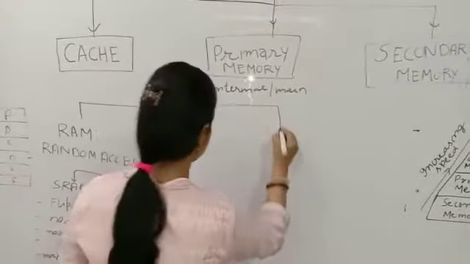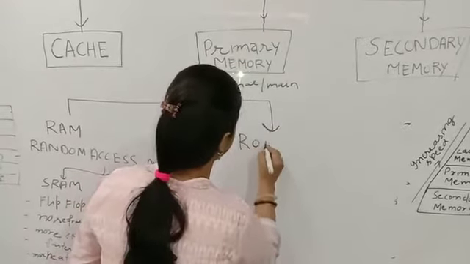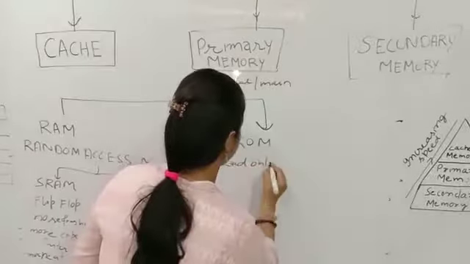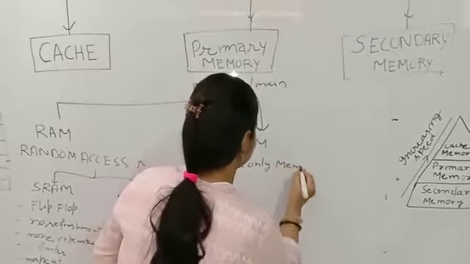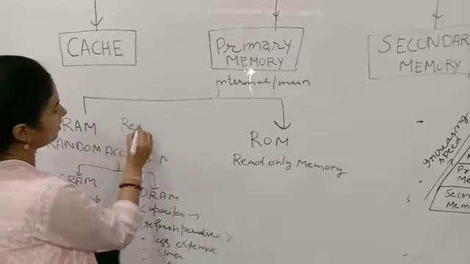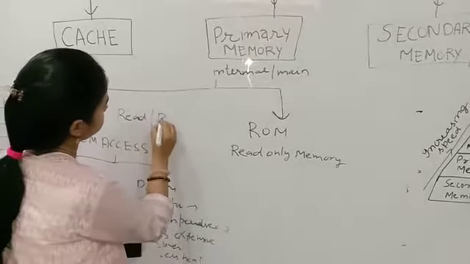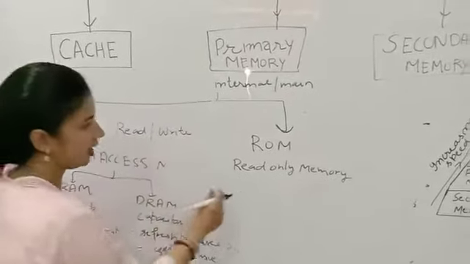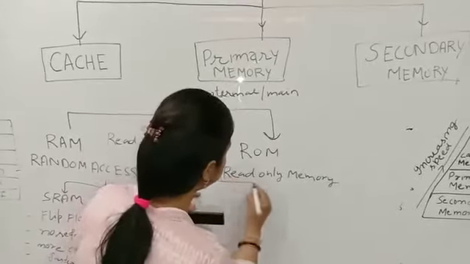And the second one is ROM, that is read-only memory. In RAM we can do read and write operations, while in ROM we can only read.